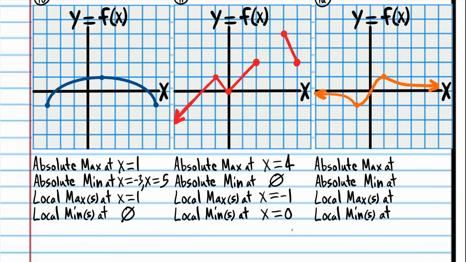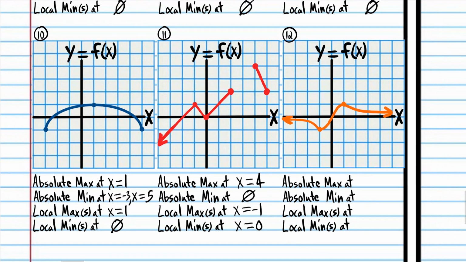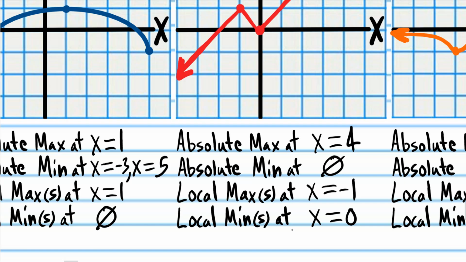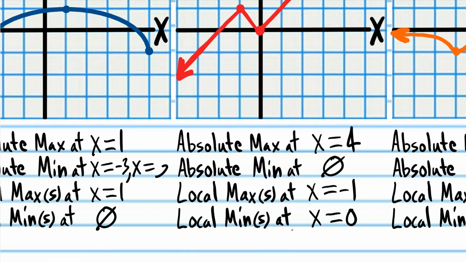Now again, you might say, well, wait a second, there's also a local maximum here, because an absolute maximum can be a local maximum. That is true, but not in the case of an endpoint. So I'm not trying to overcomplicate things here. This is just the way mathematicians have defined these things.